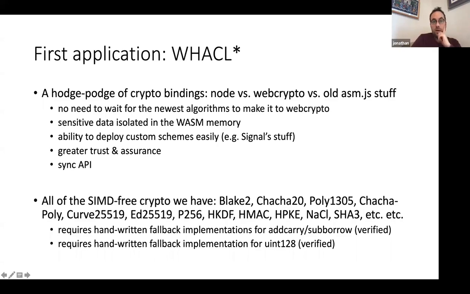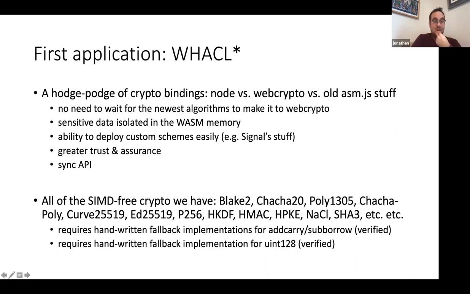Of course, you have a node package, but then you're calling OpenSSL, which has the issues that we know. The asm.js stuff may have side channel issues. It's slow, it's big. And you may even want to deploy your custom schemes. For instance, Signal has a modified version of X25519, and there's no way this one is going to make it to web crypto because it's too specific.